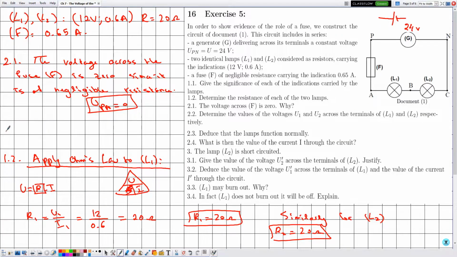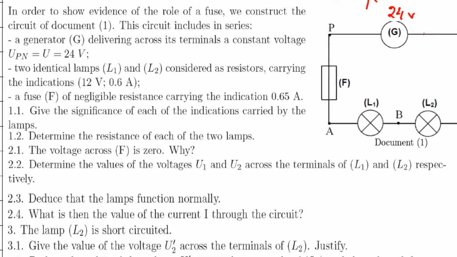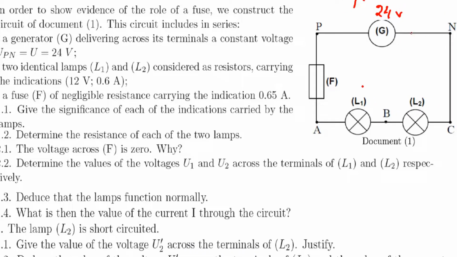Now in 2.2, we need to determine the voltages U1 and U2 across the terminals of L1 and L2 respectively. So we need to determine the voltage across the lamp L1, which is given by UAB, equal to U1, and the voltage across the lamp L2, which is given by UBC, equal to U2.